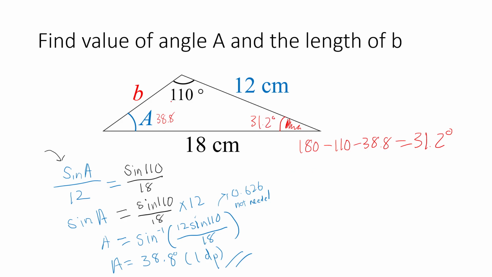And all we have to do is, since we want to find B, we put B as the numerator over sine 31.2 degrees. Now, take note. Even though I'm writing 31.2 degrees down here, you should use the value in your calculator to do the calculation, so that you will not run into any significant figure error.